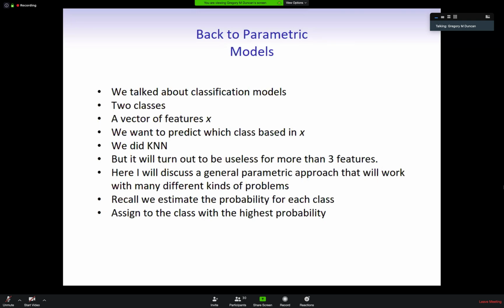I have a probability model for the probability of somebody with characteristics X having COVID. If the probability of having COVID is higher than the probability of not having COVID for your X, I assign you to COVID. If the reverse, I assign you to not COVID. That's the Bayes classification rule.